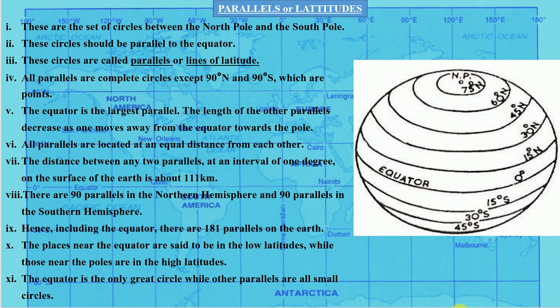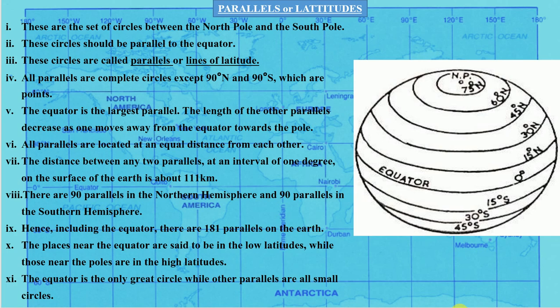In the last module, I said we would discuss why there are 181 parallels in total. We will discuss it in the next video, but here I am giving the count.